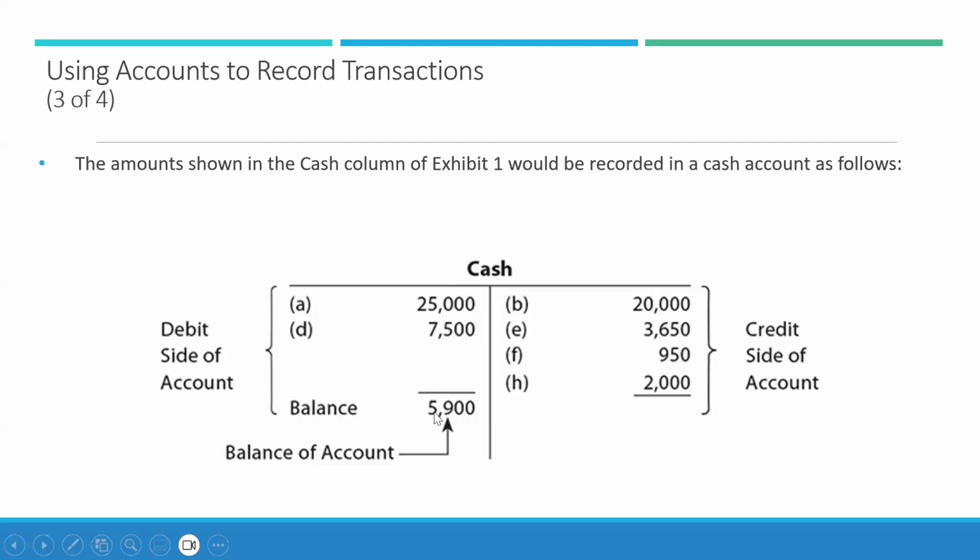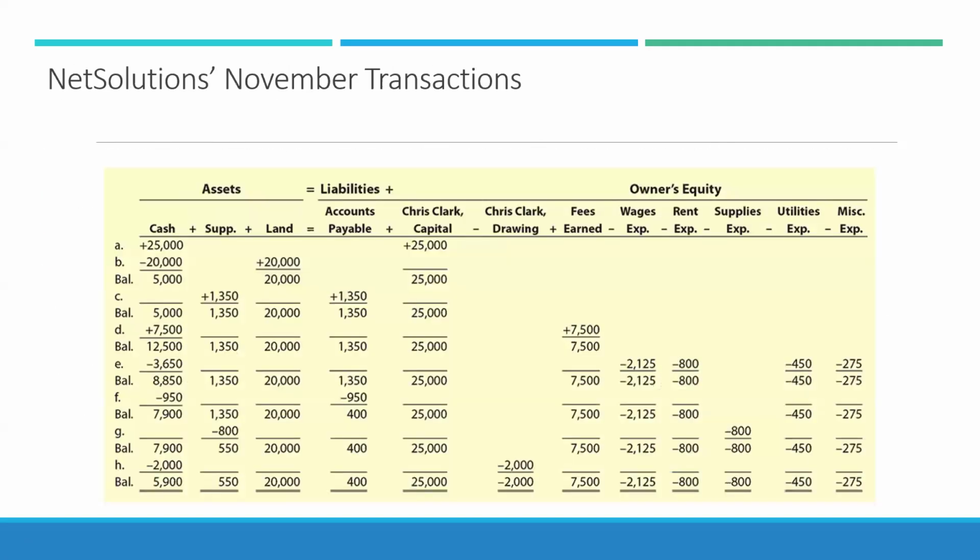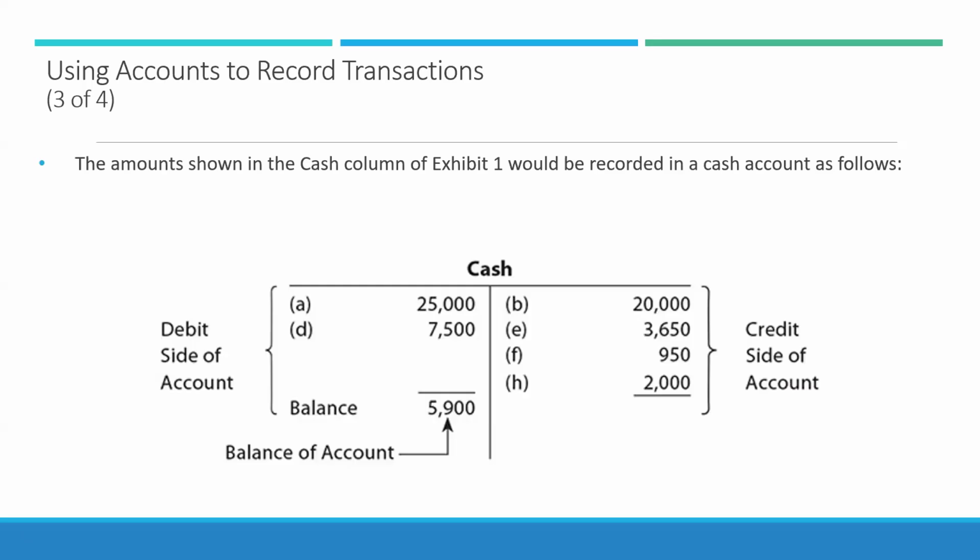But ultimately, do you see our balance is at $5,900? And if you go back here, do you see it's the same thing? This shows $5,900, but this is just kind of a little easier way of doing it. Does that make sense? Okay.